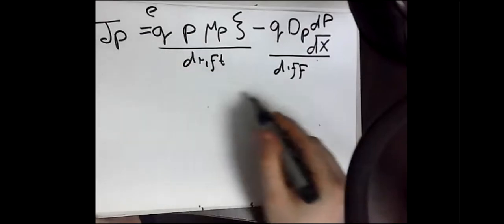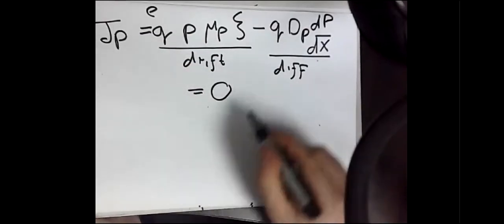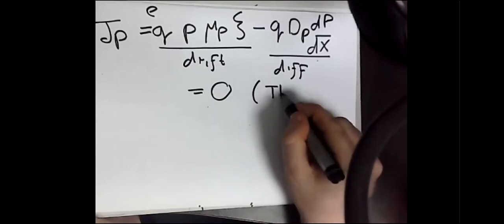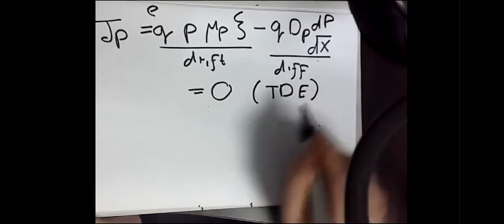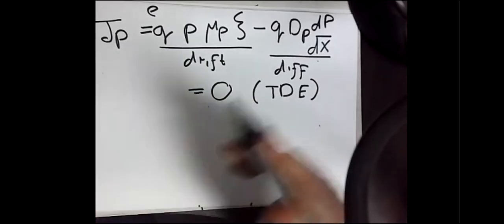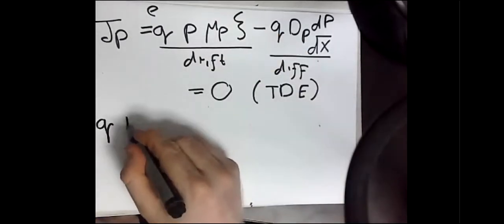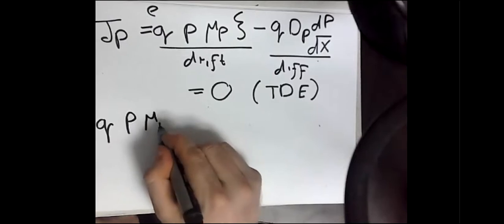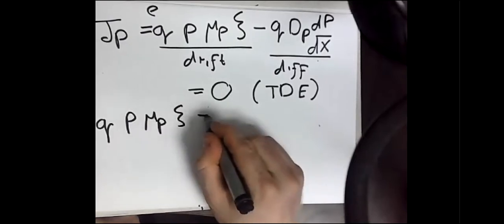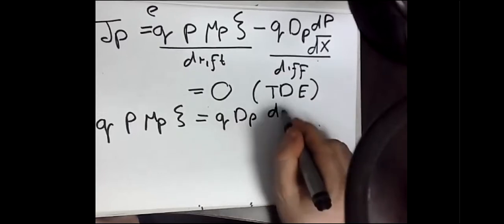Now, this overall current equals zero as long as we have thermodynamic equilibrium. So the hole current is equal to zero. Accordingly, you can say that Q P mu P times eta equals Q dP by dx.